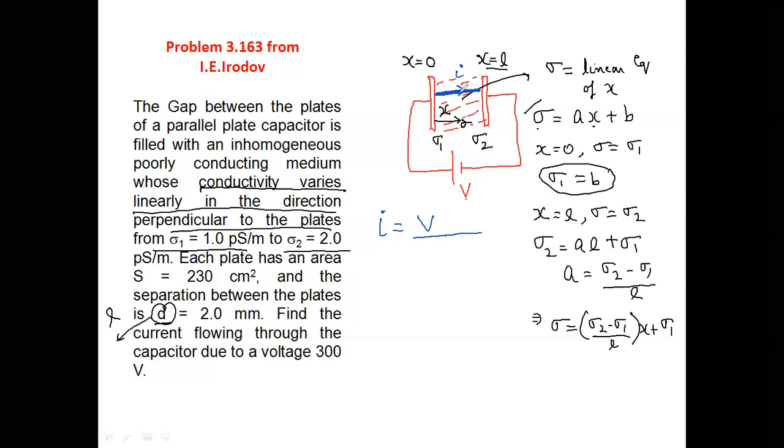According to this, you have to select a dx portion of this medium, and then find the resistance of this dx portion. Resistance of this dx portion will be length dx over cross-sectional area capital S times 1 over conductivity.